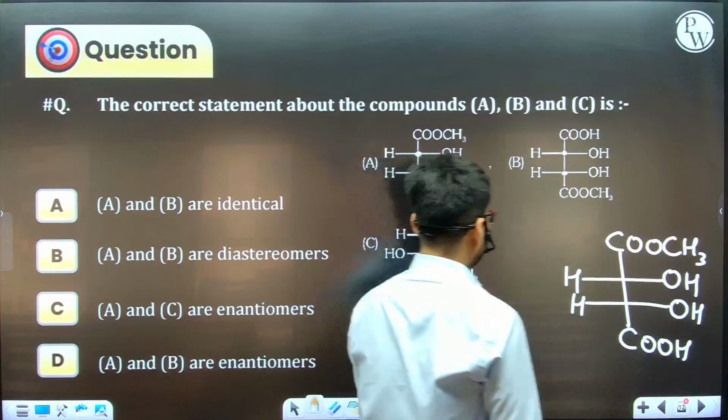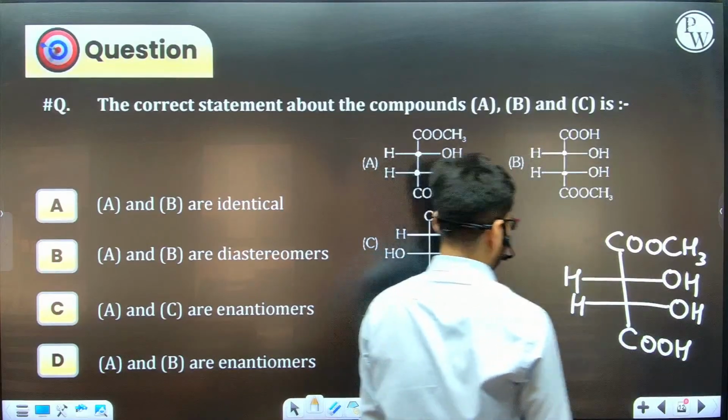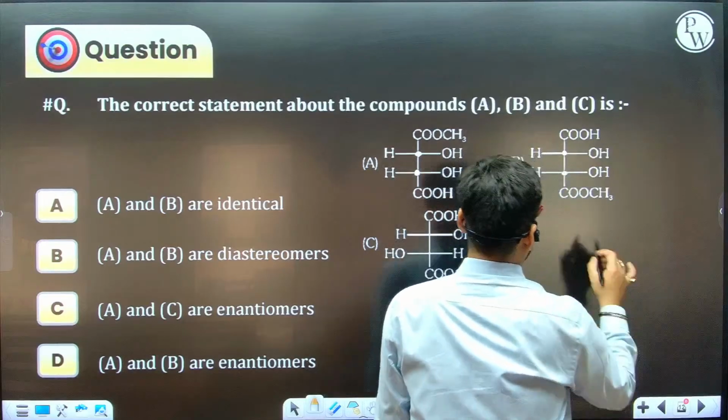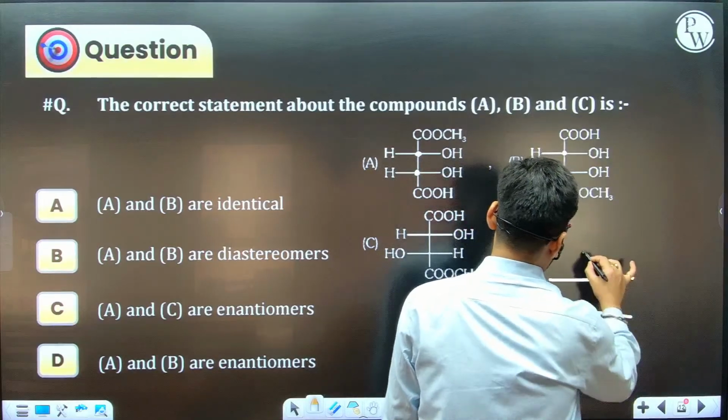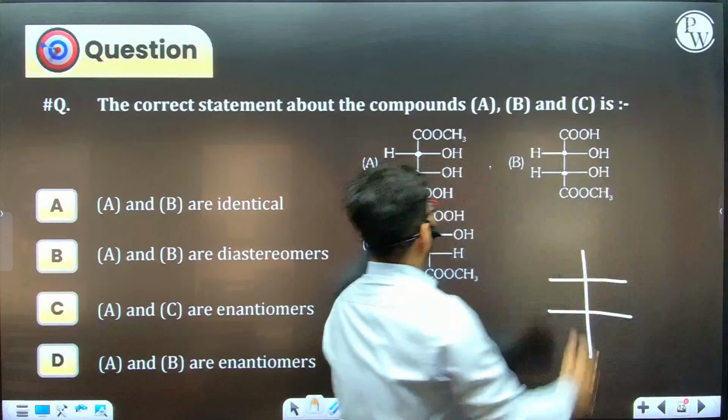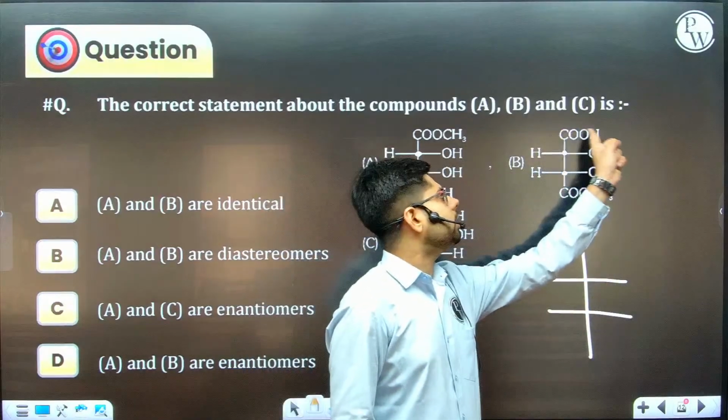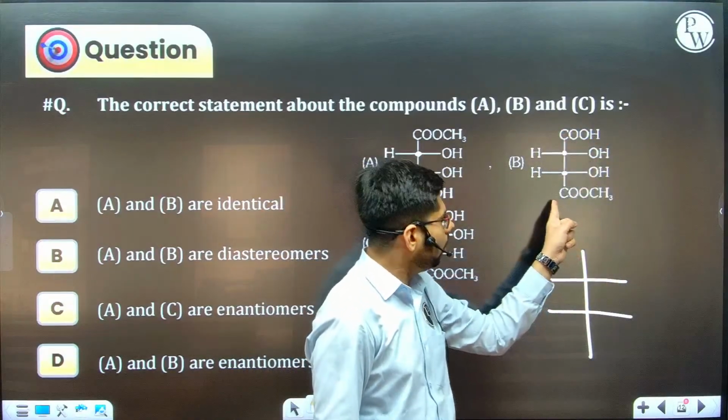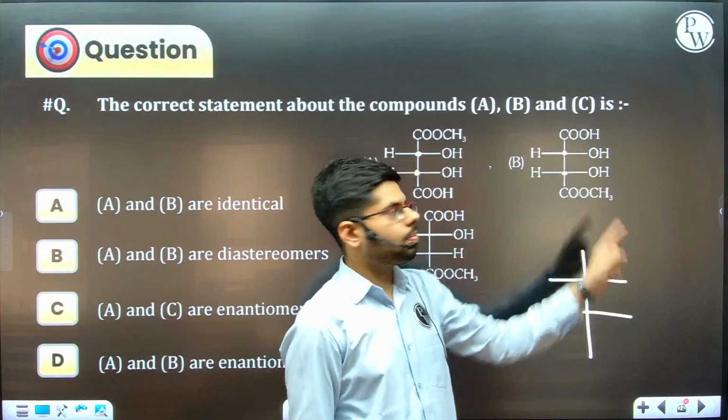Let's check. Okay. Look at this. Now, in B, COOH is at the top and COOCH3 is at the bottom.